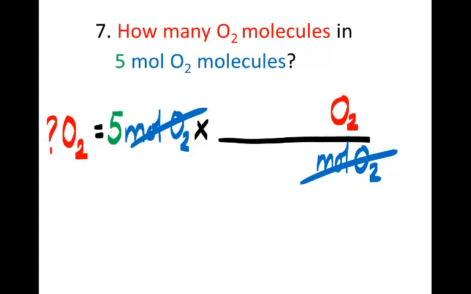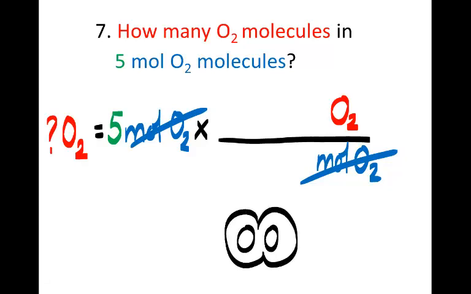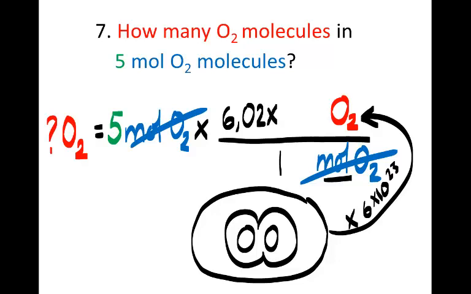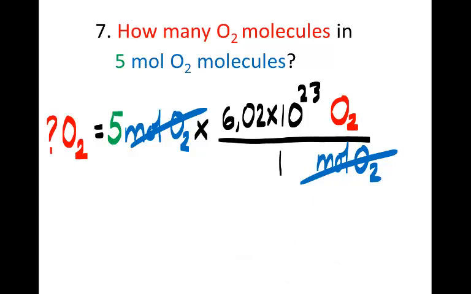So we ask ourselves, how many O2s, so this is an O2, makes up how many moles of O2? And we know that 6,02 times 10 to the power 23 of these O2s makes up 1 mole of O2. 6,02 times 10 to the power 23 O2 molecules is the same thing as 1 mole of O2 molecules.